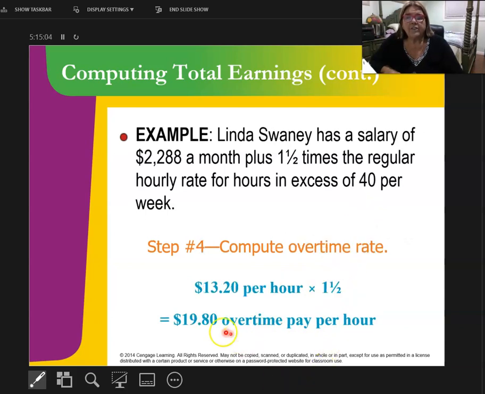And so her overtime rate is 13.20 times 1.5. That would be her overtime rate. So when she's salaried, you always annualize and then break it down to months, to weeks, and then into the hourly to get that. So next video, we're going to talk about deductions from your earnings. This is how to calculate your earnings.